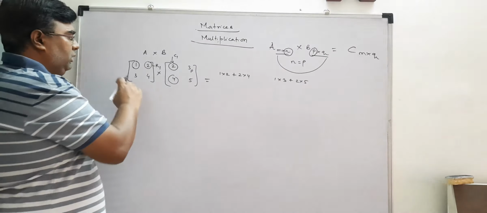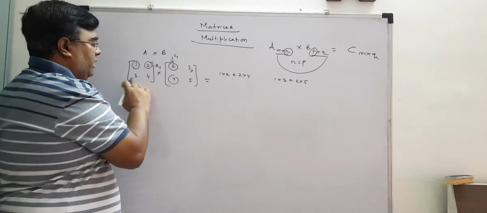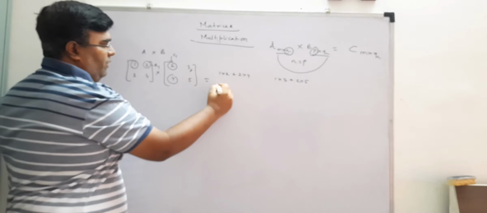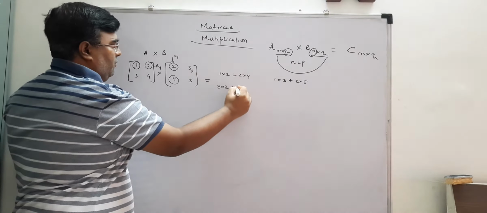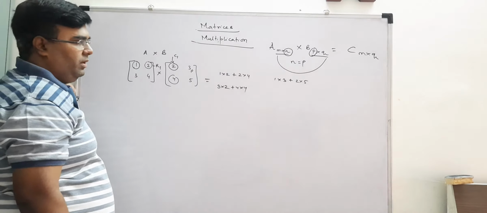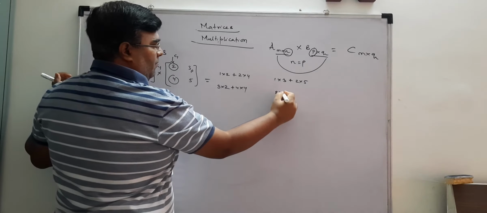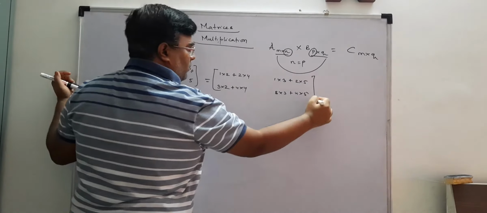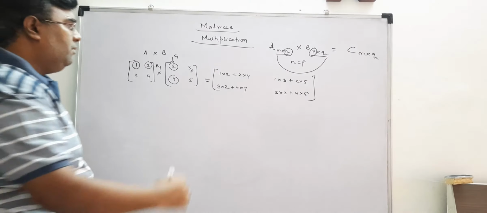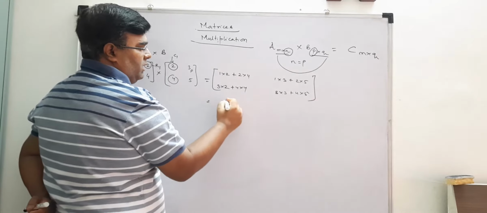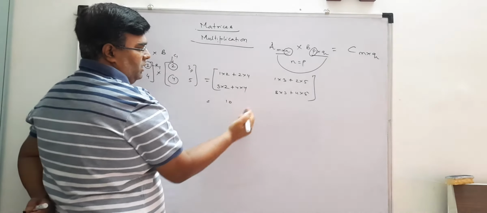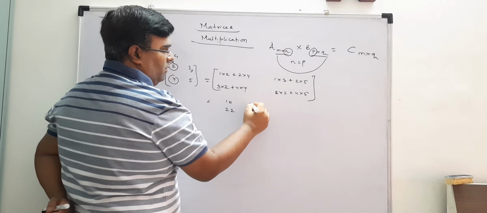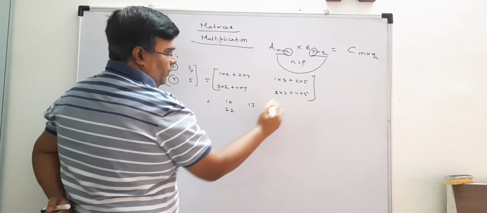Now we have second rows also. Second row, first column will give me the second row, first column element. In the same way, 3 multiplied by 2 plus 4 multiplied by 4, and 3 multiplied by 3 plus 4 multiplied by 5. Making it a matrix now: 2 plus 8, 10; 6 plus 16, 22; 3 plus 10, 13; 9 plus 20, 29.